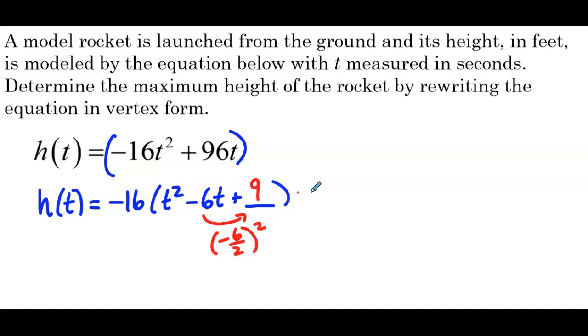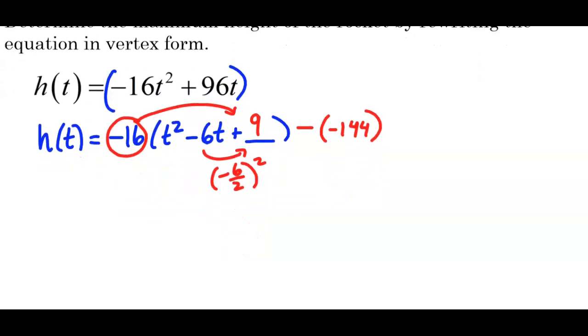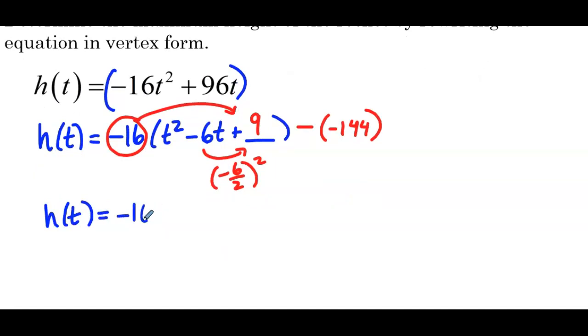So then we're going to subtract. Well, we have to distribute out the negative 16. So negative 16 times 9 is negative 144. So we're subtracting negative 144 to keep everything in balance. So then we have h of t equals negative 16 times t minus 3 squared plus 144.